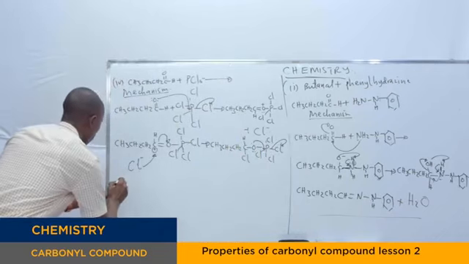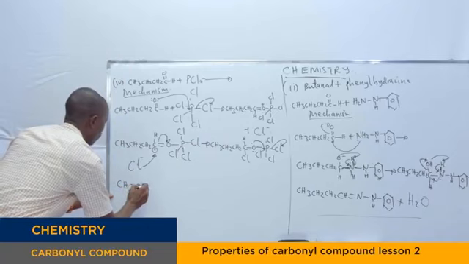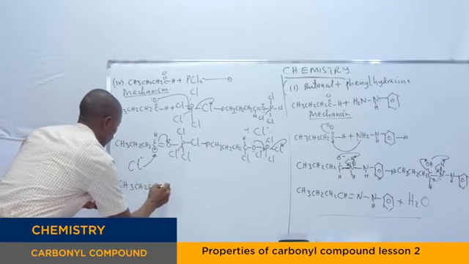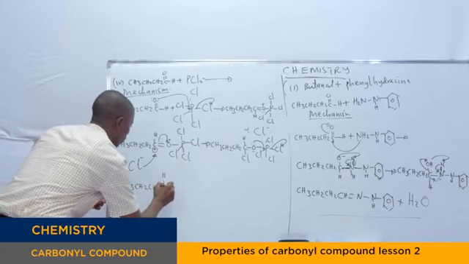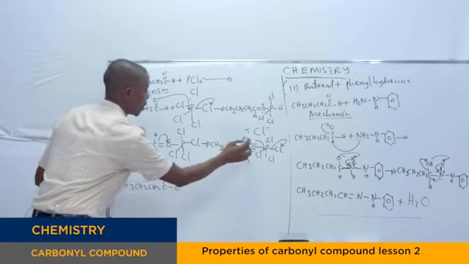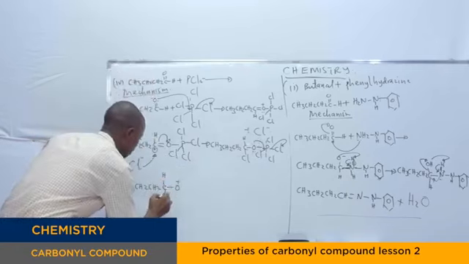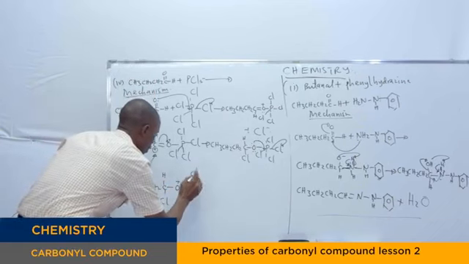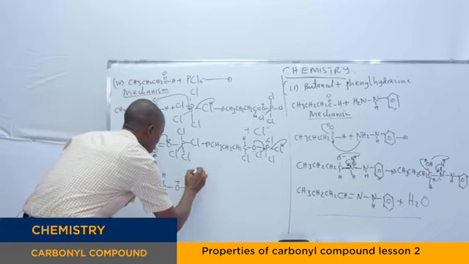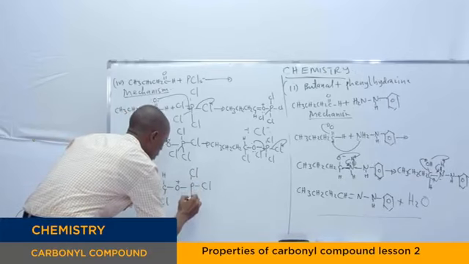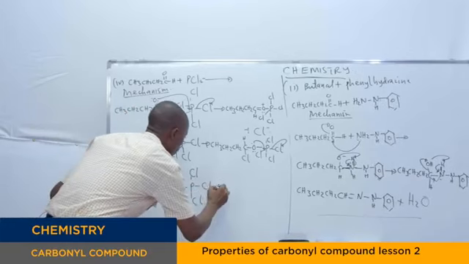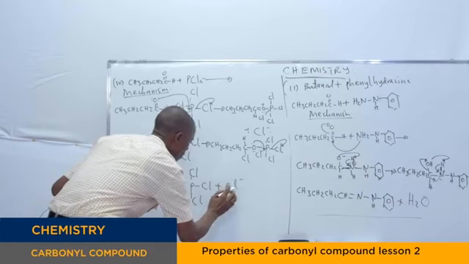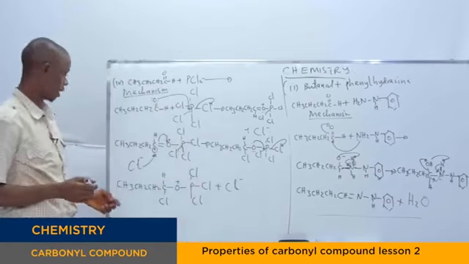So we are going to form the following. This one, after losing the proton, will be positively charged, plus the chloride ion. Now what will happen?